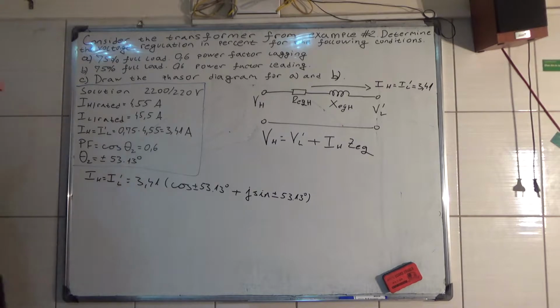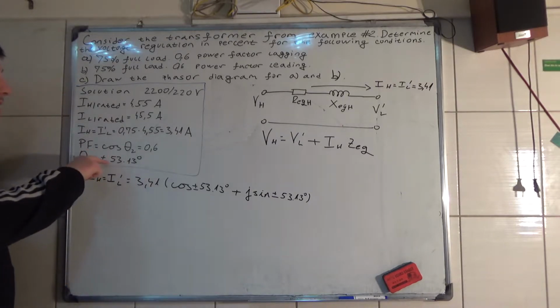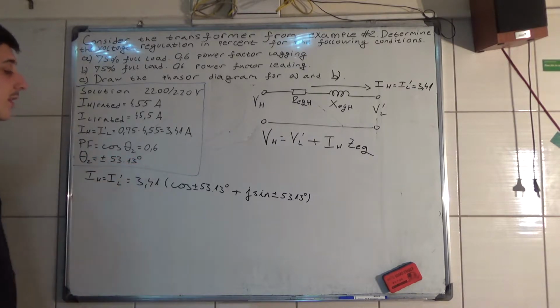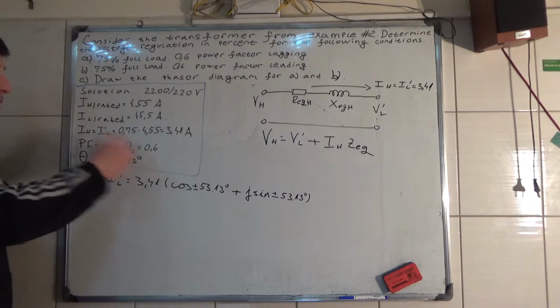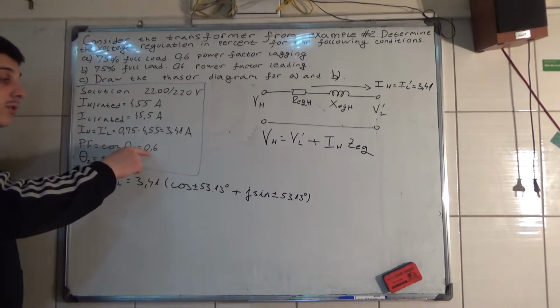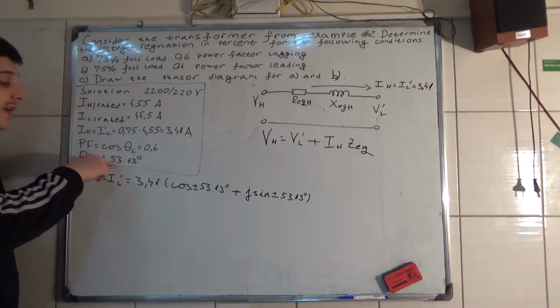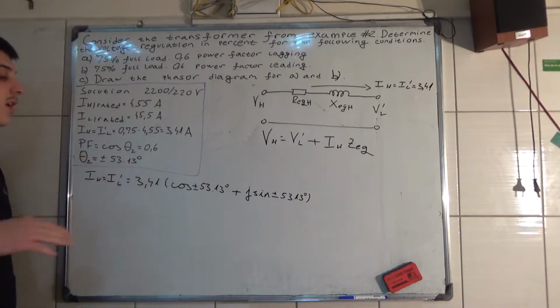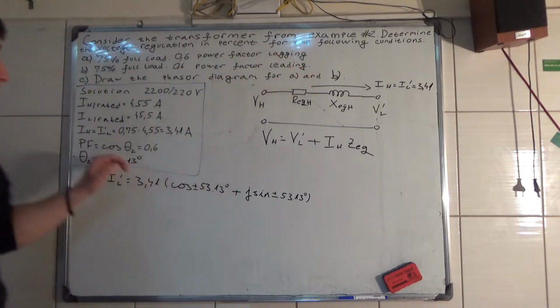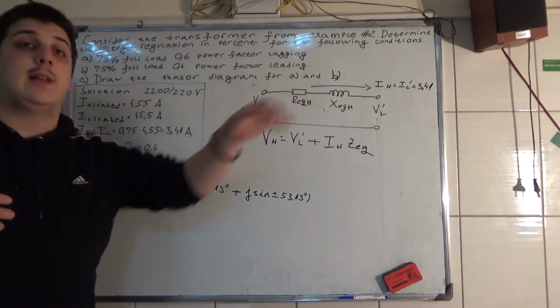And the angle of the load, theta 2, is plus or minus 53.13 degrees. So the inverse cosine of 0.6 is plus or minus 53.13 degrees. The minus sign is for lagging and the plus sign is for leading.